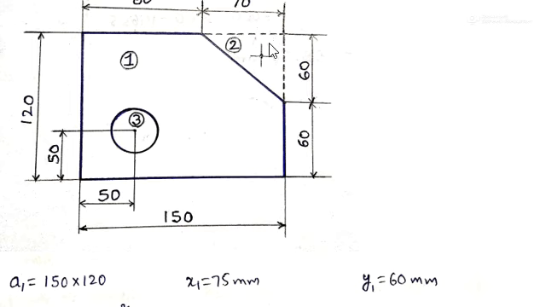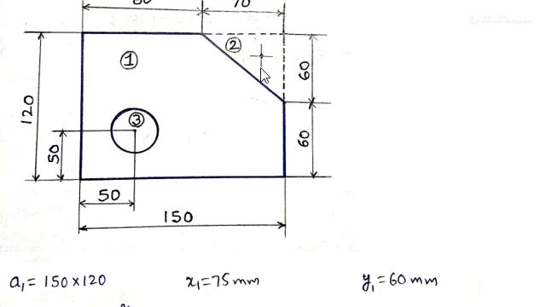Suppose we take this as b, which is 60. We know this distance is 1/3 of b, so this will be 2/3 of b.